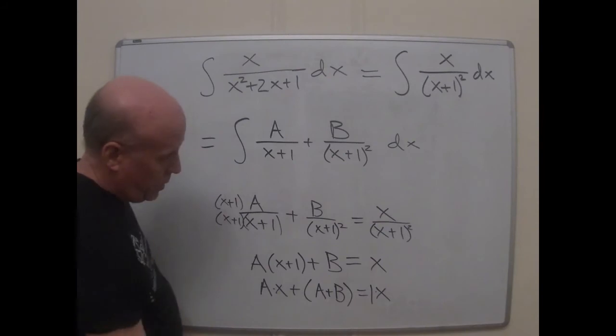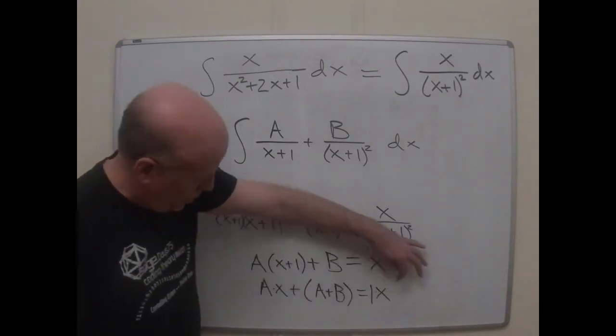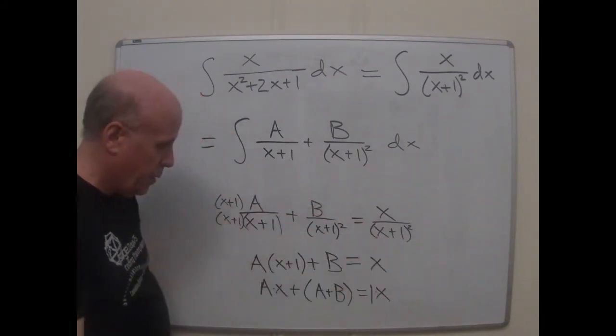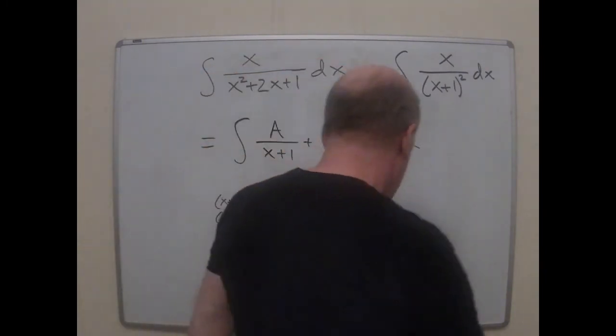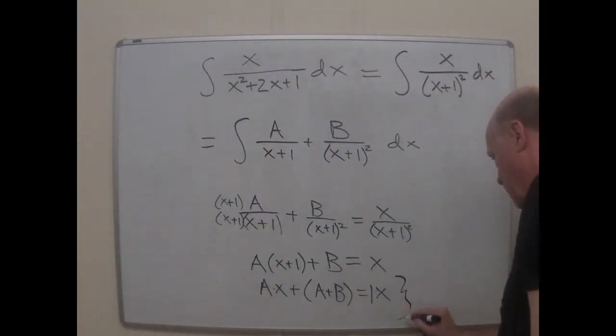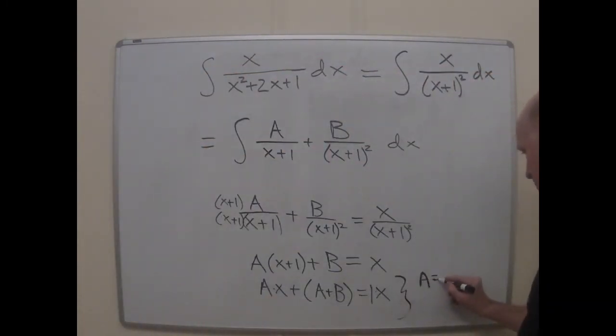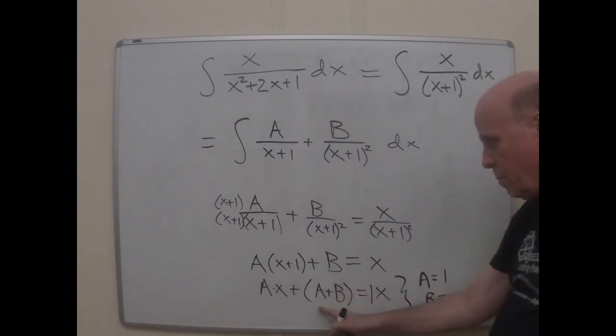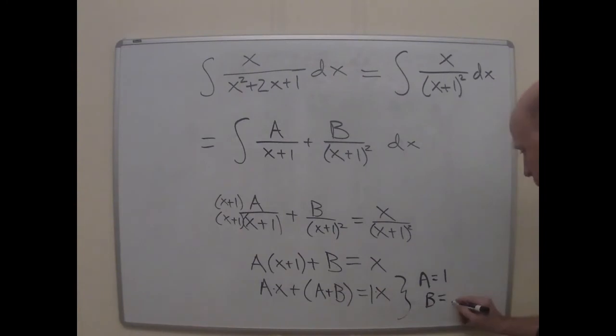Now what does A plus B have to be equal to? Well, there's nothing on this side. Just by inspection, we get the solution A equals 1, and B has to be something so that A plus B is 0. So B is minus 1.